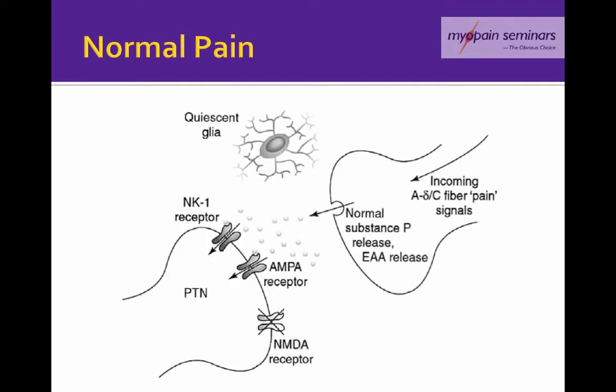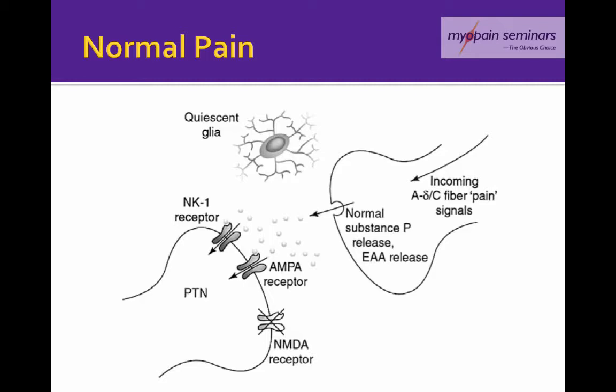So under normal circumstances, when we have maybe minor aches and pains, glia cells are present, but they really are not doing much. Nociceptive signals, or let's call them pain signals, arriving from the periphery along the A and C fibers cause release of substance P and excitatory amino acids in amounts appropriate to the duration and intensity of the pain stimulus.